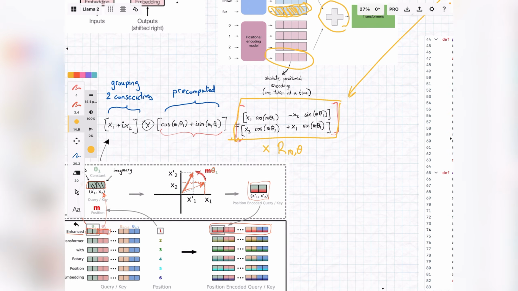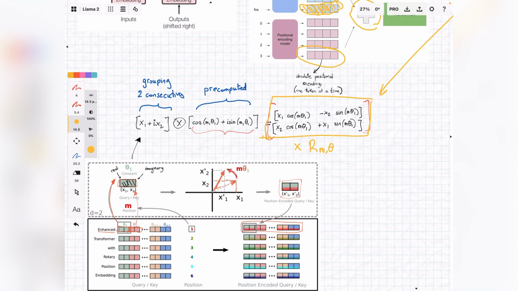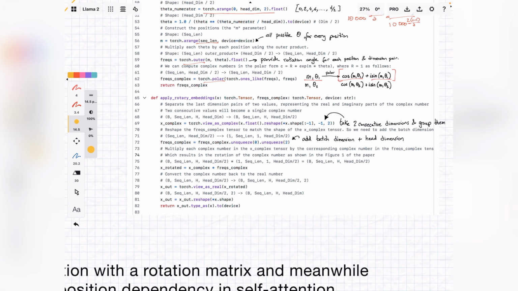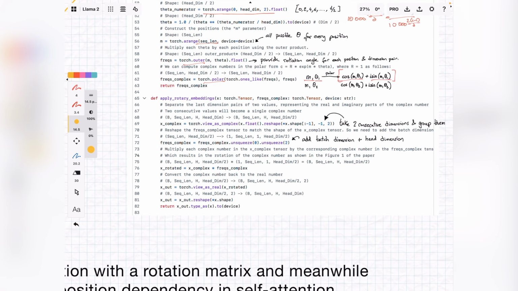As for the code, what we did here, this whole multiplication, plucking one pair out, making it into a complex number, multiplying by the pre-computed value, is all found in this code block right here. We're taking the x here, reshaping it, taking two consecutive dimensions and grouping them. This is what this line does.